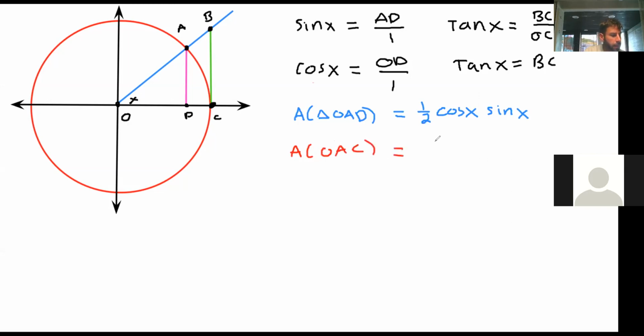The area of that is, by definition, 1/2 times the radius squared. Well, the radius is 1. And then it's times the angle. What's the angle? The angle is x. And then lastly, what is the area of the triangle OBC? Well, by definition, that's 1/2 the base times the height. So that's 1/2 times the base, which is 1, times the height, which is BC. That's the tangent.